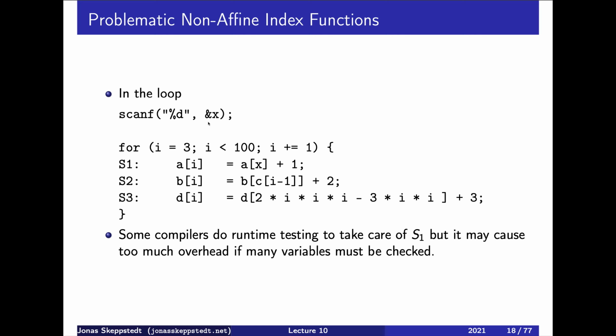If we read the variable and then use it as an index, then the compiler cannot know whether there is a data dependence or not. One option is to use runtime testing to see if X is within the loop bounds, and if it's not, then it can be ignored.